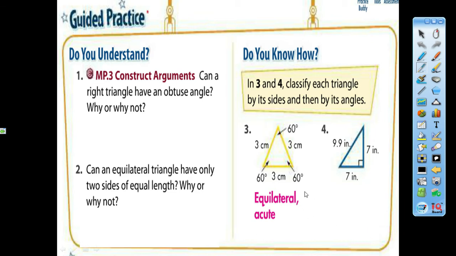In question number 4, we have 2 sides the same, 7, 7, and 1 different, so it's an isosceles triangle. It has one right angle, so it's a right triangle.